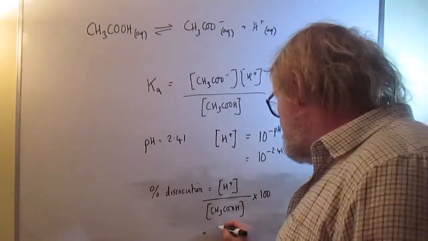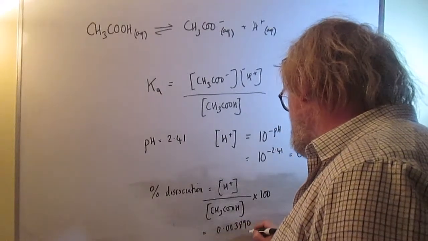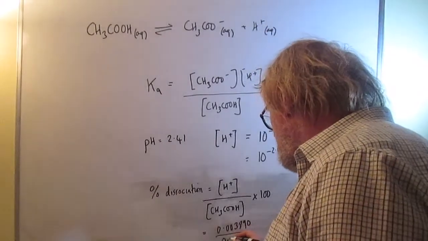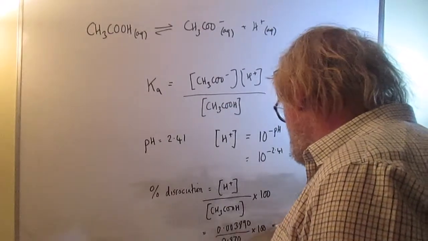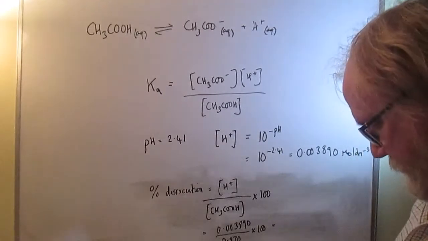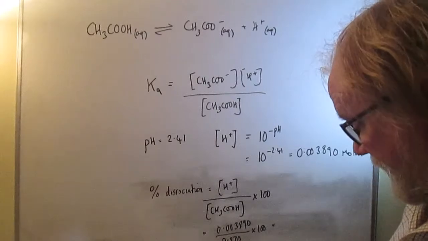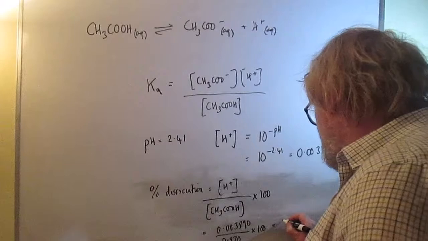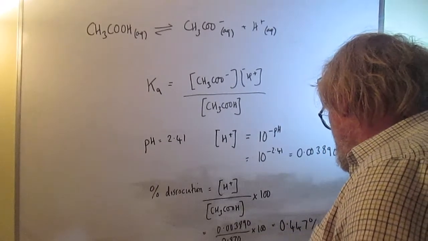So that's equal to 0.00389, the H+ concentration, divided by 0.870, which was the total concentration, times 100. Okay, so we can just work that one out. 0.00389 divided by 0.87 is 0.447%.